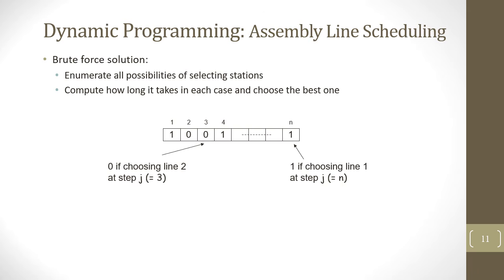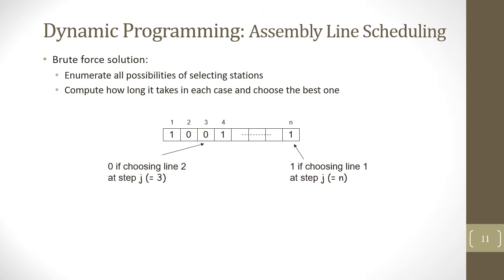A brute force solution to this problem is to enumerate all possibilities of selecting stations, compute how long it takes in each case, and choose the best one. So there are n stations, and for each station the fastest way can be through line 1 or line 2.